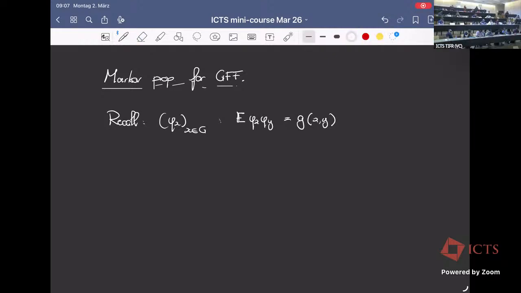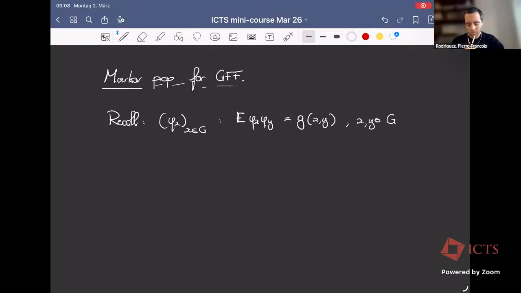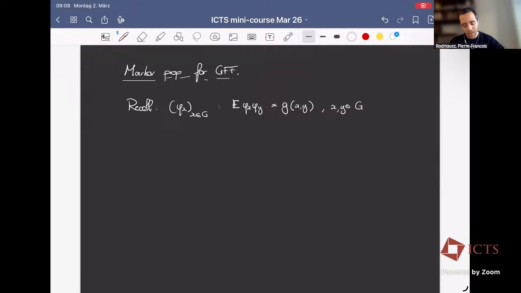Sorry, Pierre. Just one thing, I think you're not assuming any regular degree, right? Is it symmetric without being scaled? Yes, it is symmetric.